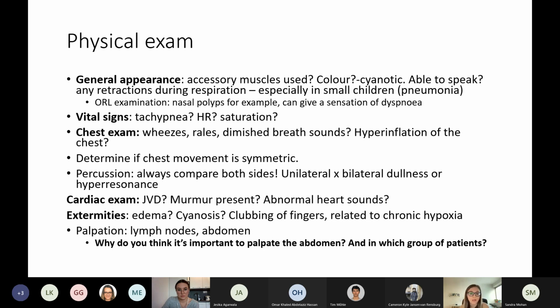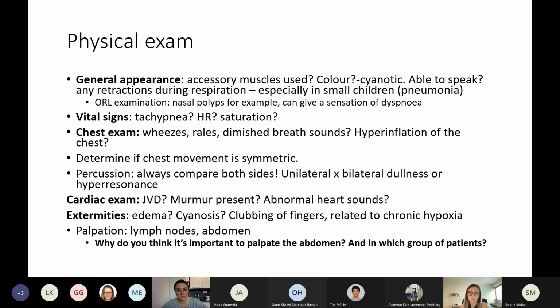With ENT examination, you should examine for nasal polyps, for example, as this can also give a sensation of dyspnea. With the vital signs, you can have, for example, tachypnea. Then look at the heart rate and the saturation with oximetry. Then look at the chest. Listen to the chest for any wheezing, rales, or diminished breath sounds.